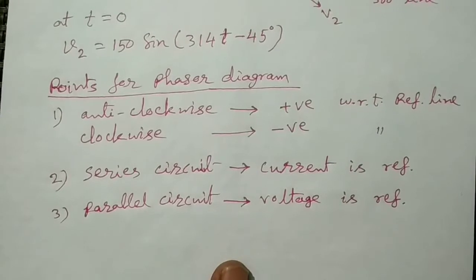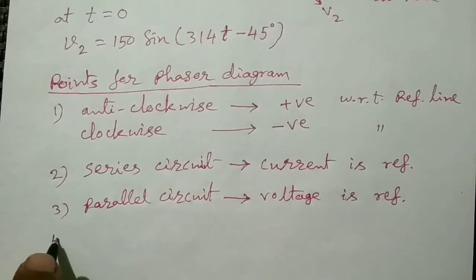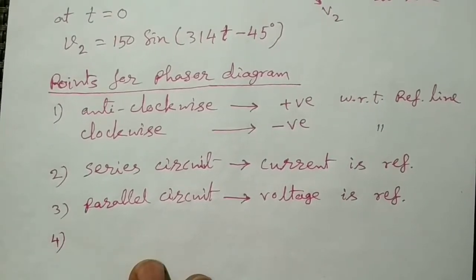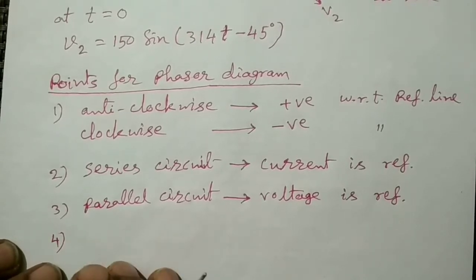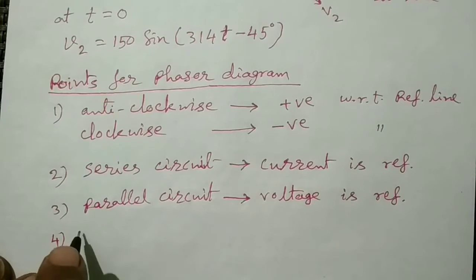The fourth point that we have to remember is that when you draw various voltage and current phasors, we have to draw them to the same scale. But the phasor basically represents the phase position or the phase angle.